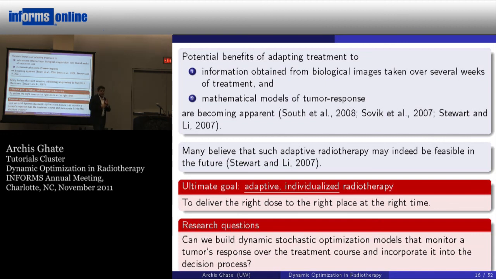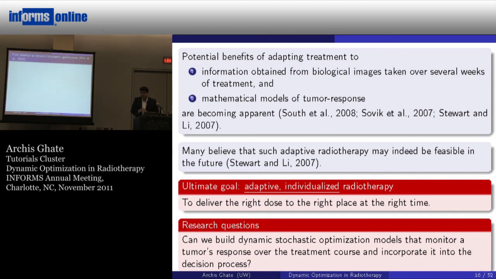We are a long way from there, but in my tutorial today I'm going to show you some basic, simple models that we have built to start thinking about doing that. So is the overall framework roughly clear as to where the field is and where I'm trying to go with these toy models that I'm going to show you today?